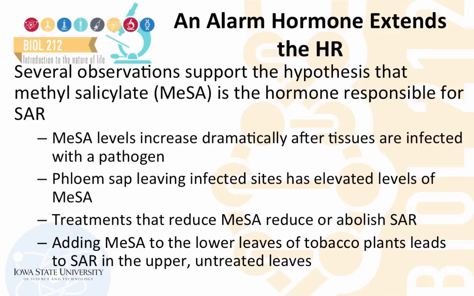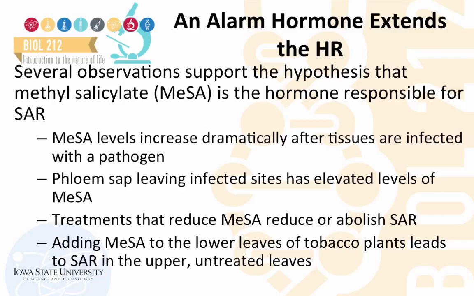Several observations support the hypothesis that MESA is the alarm hormone that is responsible for systemic acquired resistance. These include observations that MESA levels increase dramatically after tissues are infected with a pathogen. Phloem sap leaving infected sites has elevated levels of MESA.